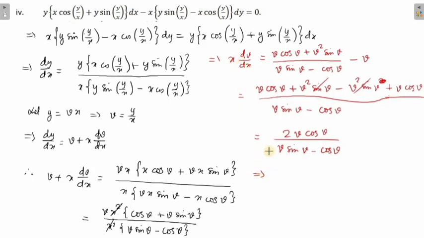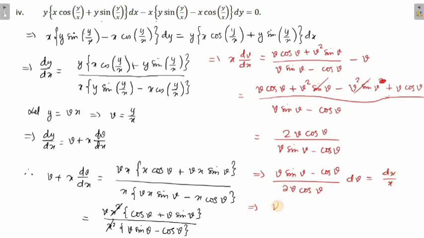Now here I will do the separation of variables. Get all this v to the left hand side, you get v sin v minus cos v by 2v cos v dv is equal to dx by x. Now separate the variables.